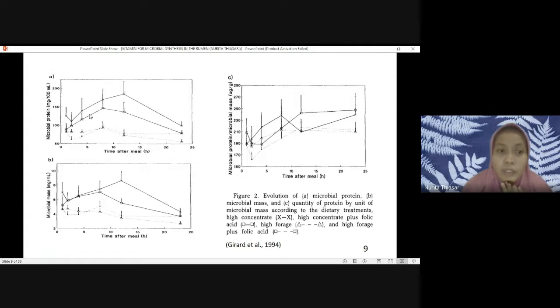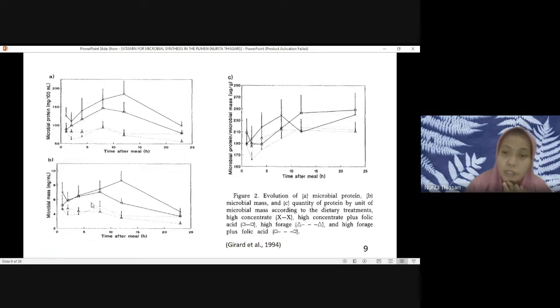But we can see in here with the addition of the folic acid, the microbial protein is less, become reduced comparing without the addition of the folic acid. So higher concentrate with the folic acid will reduce the microbial protein. And about the microbial biomass, it's also happened.